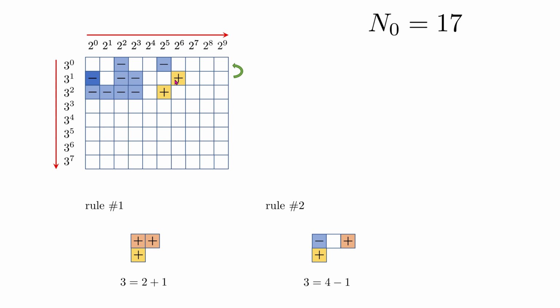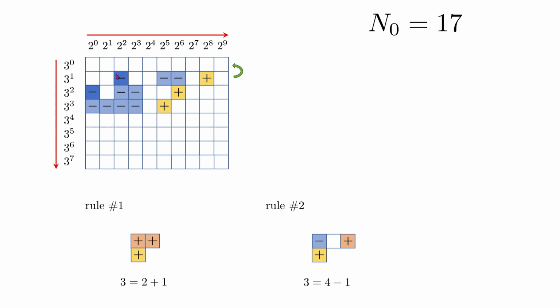Now we will copy this positive bit at the top, but in this case we can use only rule number 2. Otherwise we would have 2 positive bits at the top, which is not as required. So after applying rule number 2, we have this. And again, we will multiply everything by 3 by shifting it down. Again, we will copy it to the upper row without the first bit.